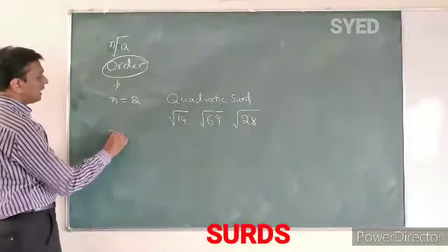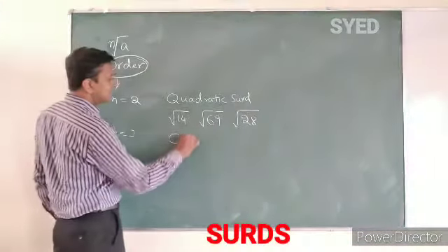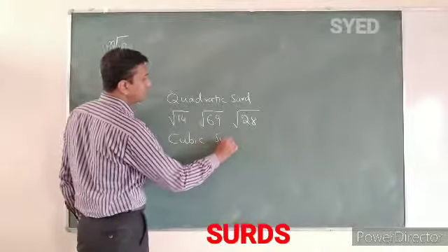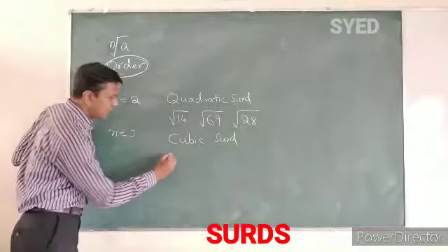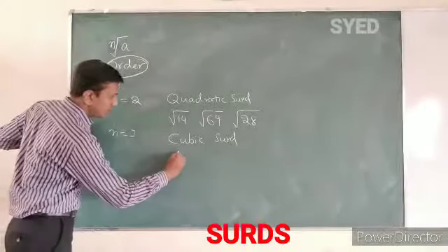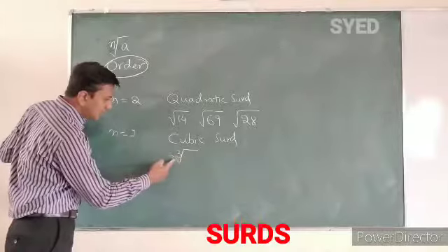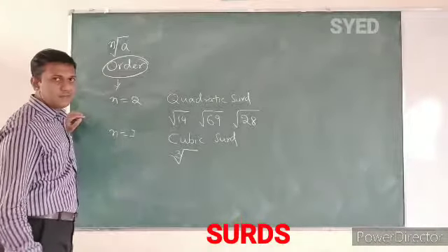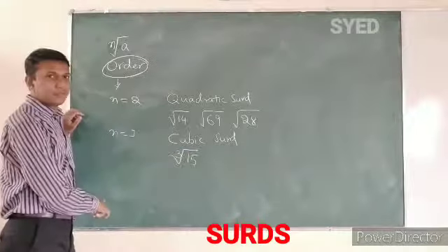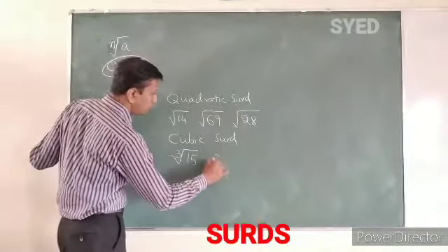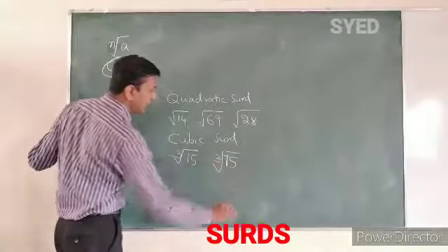Next, if n is equal to 3, then it is called a cubic surd. So be careful when you are writing the order. For cube root, you write the 3 within the symbol: cube root 15, cube root 75.